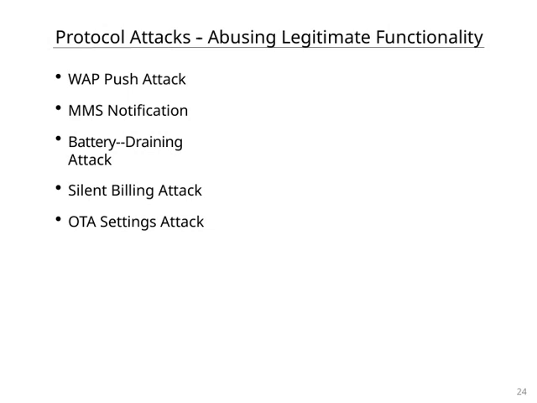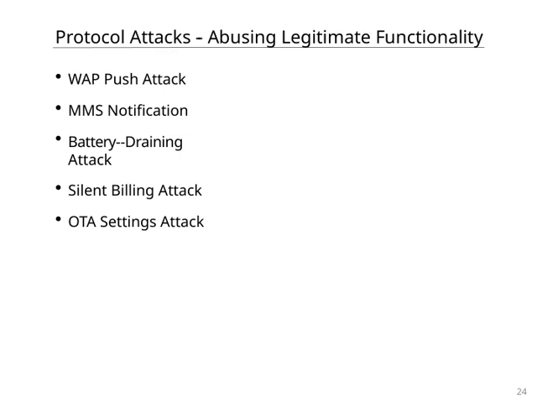Let's talk about some protocol attacks that involve abusing legitimate functionality. First up is the WAP push attack. This is when attackers send malicious WAP push messages to trick users or to deliver harmful content without their knowledge. It exploits the standard messaging process, but with malicious intent.